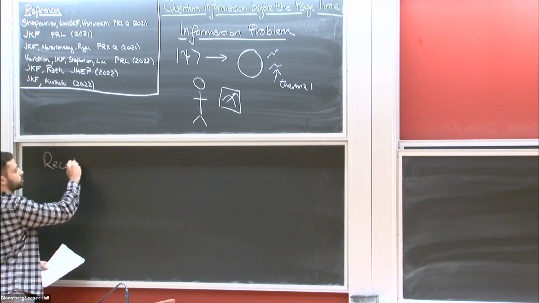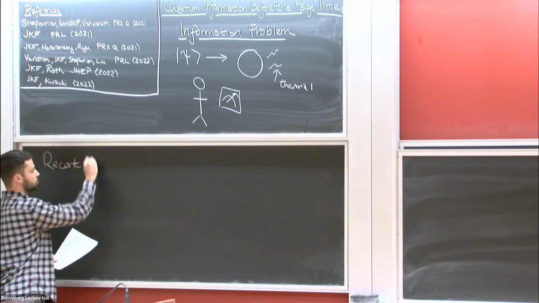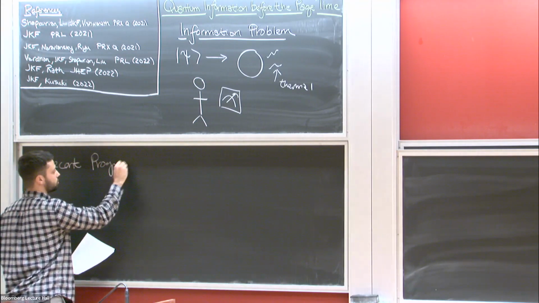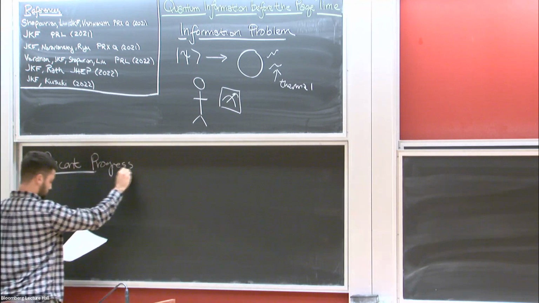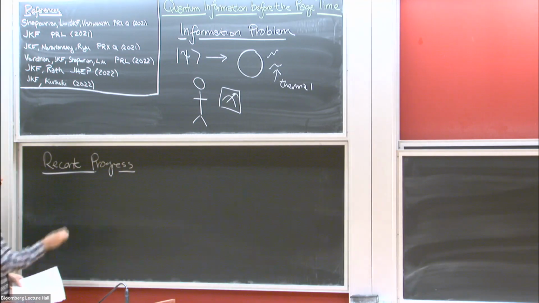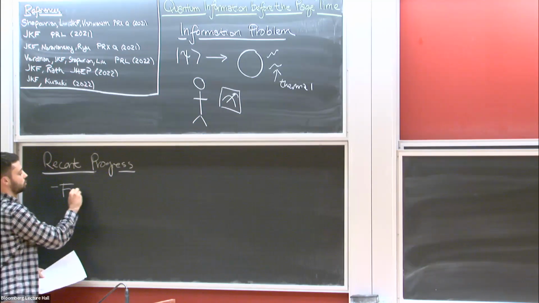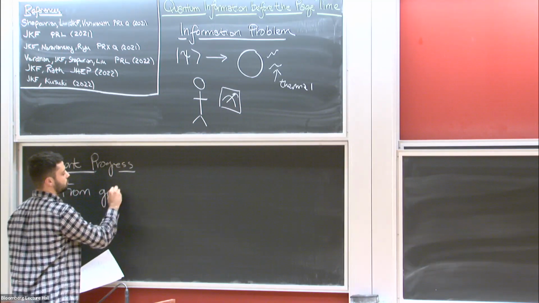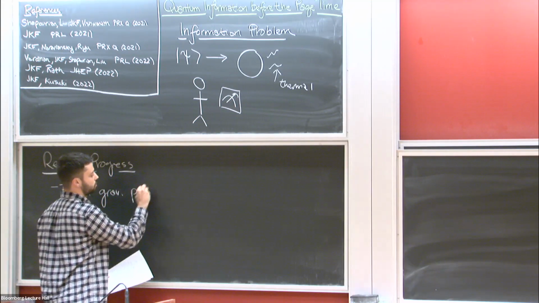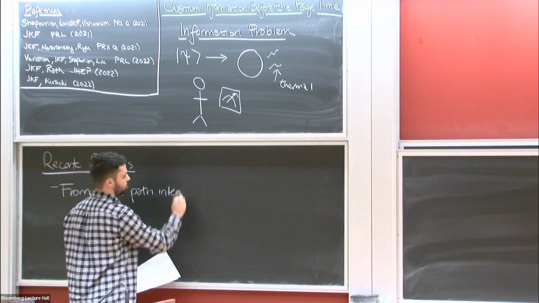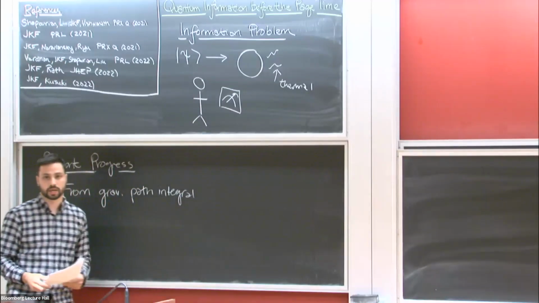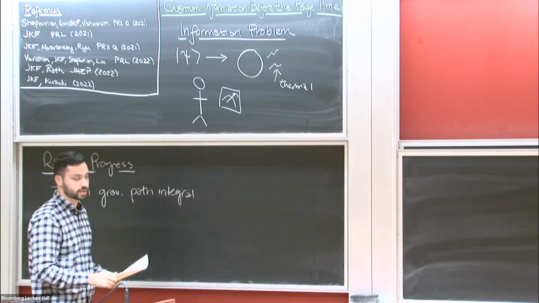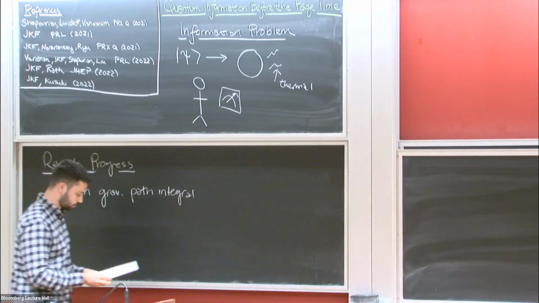So there's been a lot of recent progress in the last few years, mainly from the gravitational path integral. People have computed the Page curve, which is the entropy of the Hawking radiation.